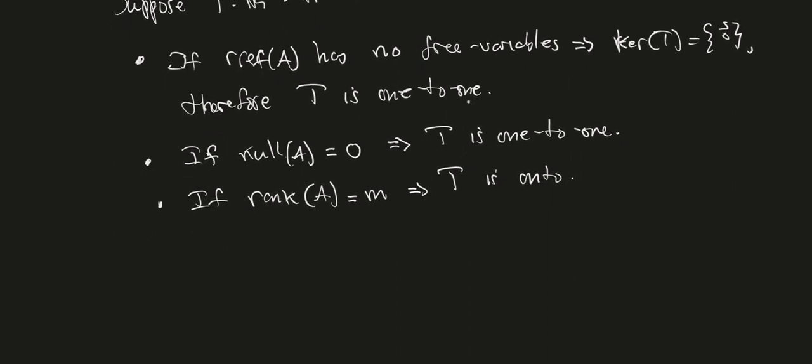Now, it turns out when a transformation is both 1 to 1 and onto, we can actually define the inverse transformation, right? And that's really helpful.